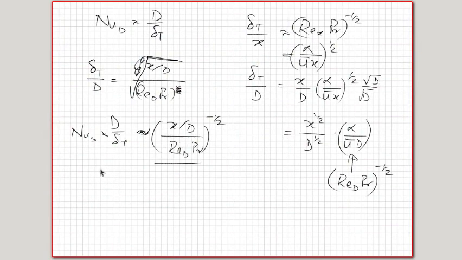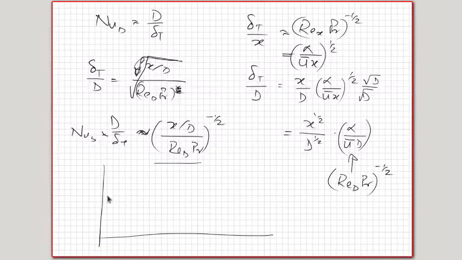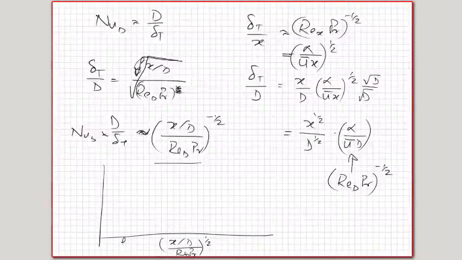So wherever we find developing flows plotted, you would normally find the x coordinate as (x by d divided by Re_D Pr), the whole thing raised to the power of half, on the x-axis, and this will be a log axis actually, and this will be another log axis in which you plot Nu_D.